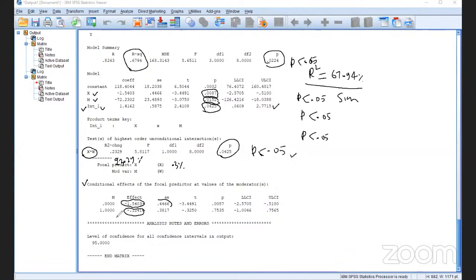Here we can directly get the p value. For low performer it is significant, and for high performer it is not significant.